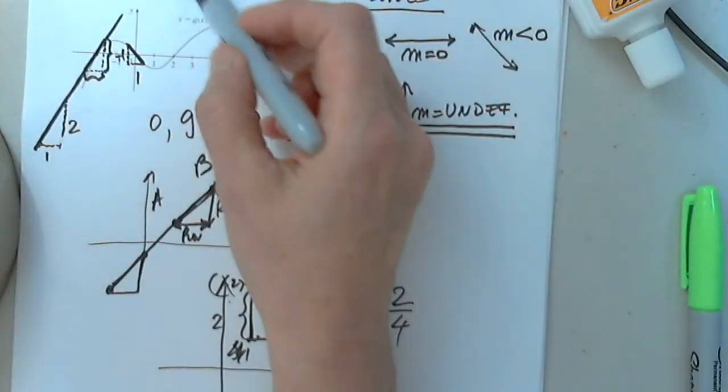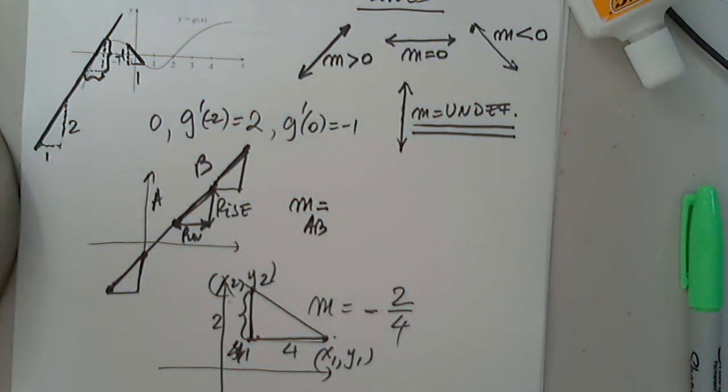Then this is done. Now g prime of 2. So let's take a look at g prime of 2. G prime of 2, again, is pretty much like here, but it is less steep. So look here, this is the slope, this is the tangent, but here it's less acute. So this number has to be higher than this number, for sure.